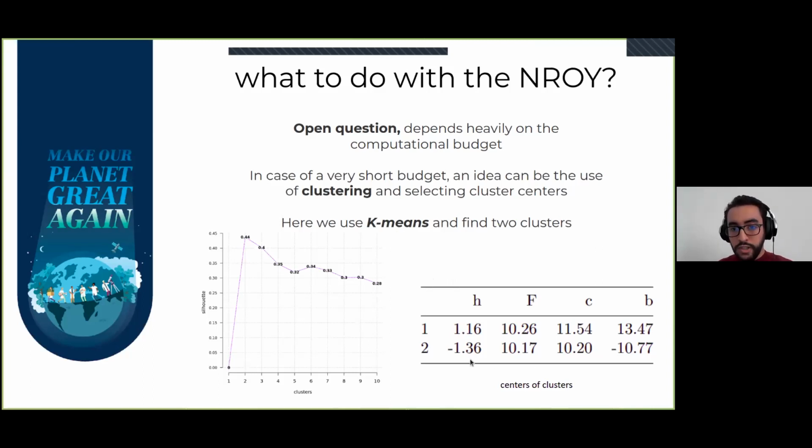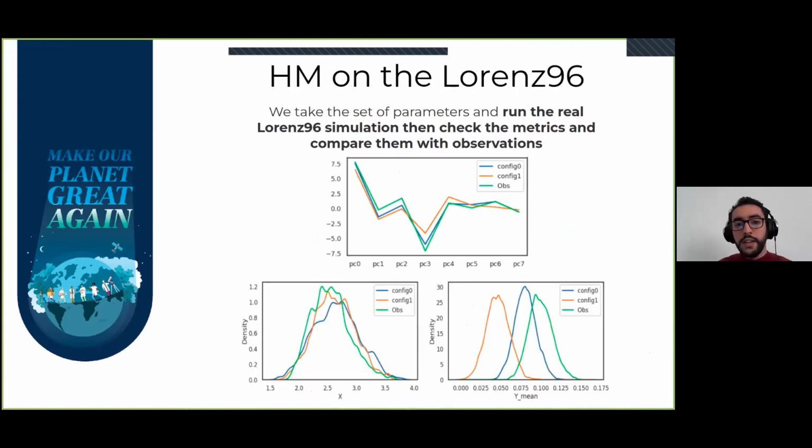So if your computational budget is very low and you have only two simulations to run, you can take these two centers. But if you have more computational budget, of course, you can select more, or select randomly from the Neuraloid space. Then you go back to the real model, you run it, and you check if it matches observations, and that was the case here.